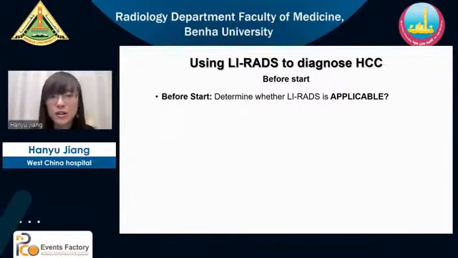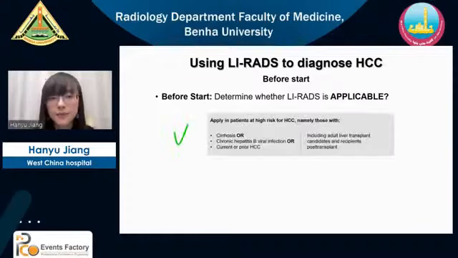Before we start, we need to determine whether LIRADS can be applied to a certain patient. LIRADS can be applied in patients at increased risk for HCC, namely those with cirrhosis or chronic hepatitis B viral infection or current or prior HCC.